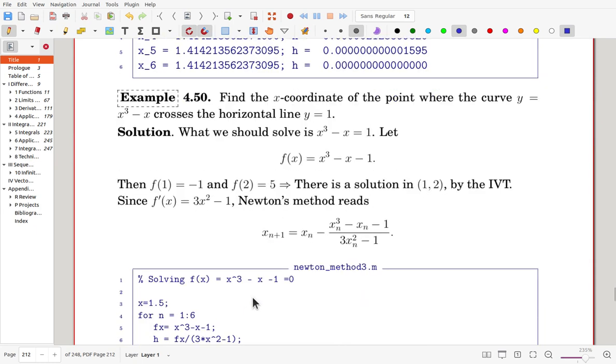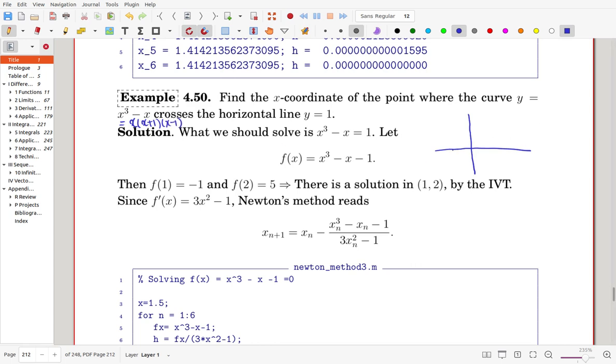Okay, now let's see this example. Find the x coordinate of the point where the graph y equals x cubed minus x crosses the horizontal line y equal to 1. The first equation is graphed in this way. That can be written as x times x squared minus 1, so x plus 1 and x minus 1.